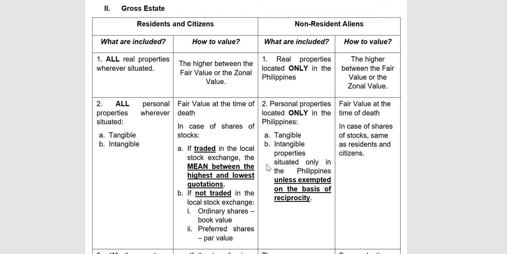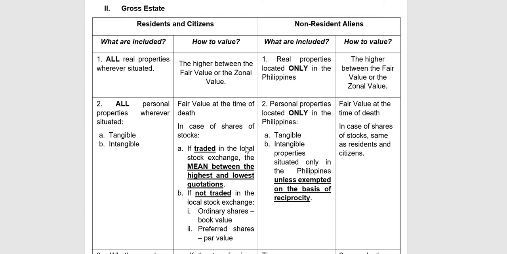So say for example, may para siyang treaty between the two countries na if a Filipino citizen residing in or may property sa abroad, say for example US, so si Filipino citizen may property sa US, and then if si US does not impose transfer tax for those Filipino citizen na may property doon.